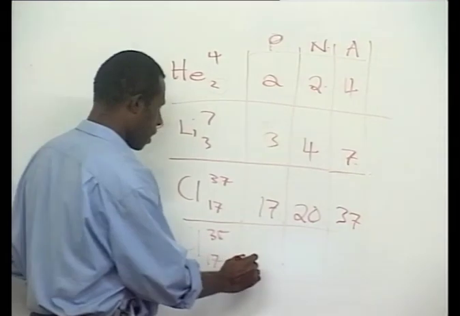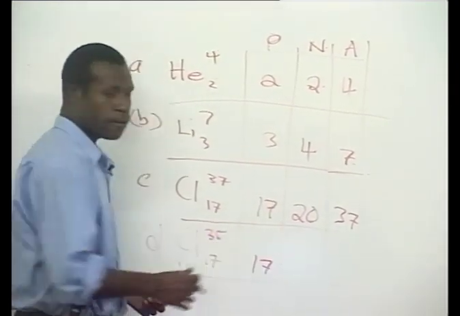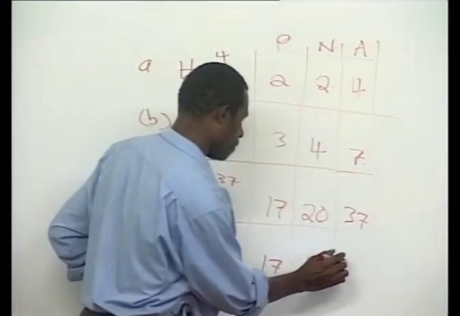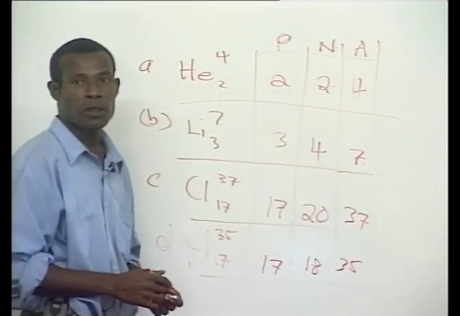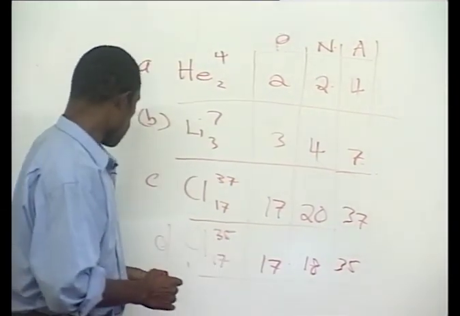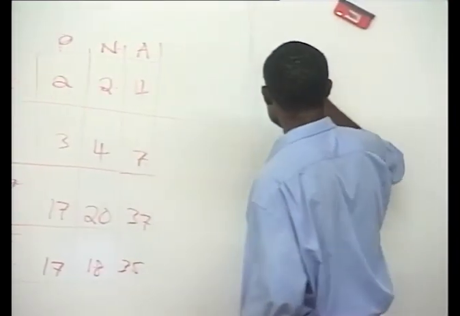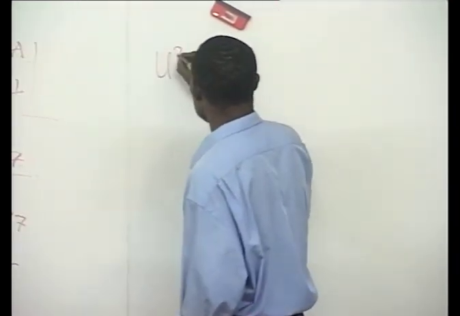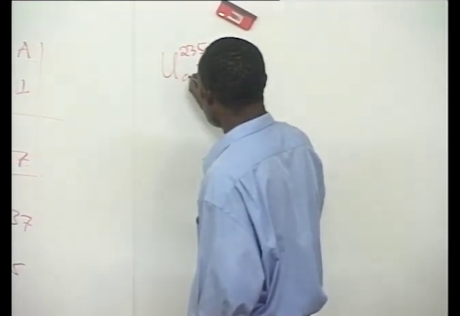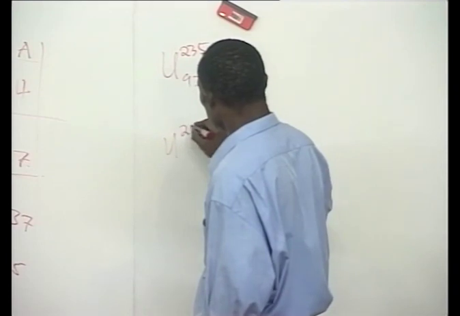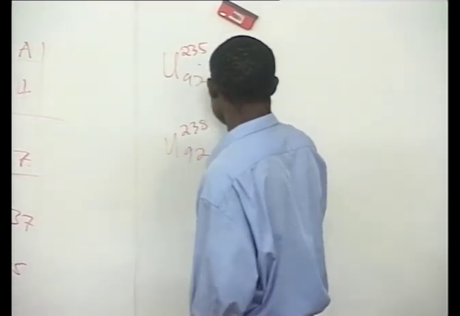We have 17 and 18, and 35. All right, we will go on to the next, which is for uranium 235 and 92, uranium 238 and 92.